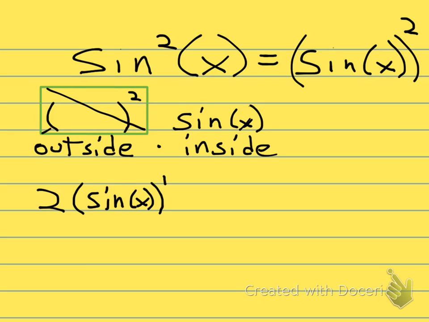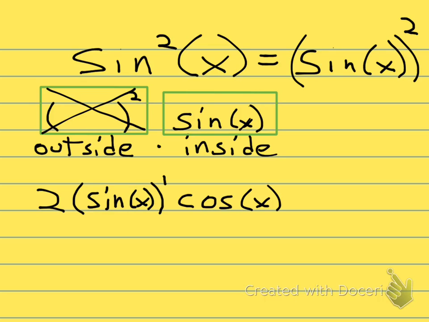Now I'm done with this, so I'm going to take the derivative of now sine of x. So I'll take the derivative of the inside function right there. The derivative of the inside function is cosine of x.